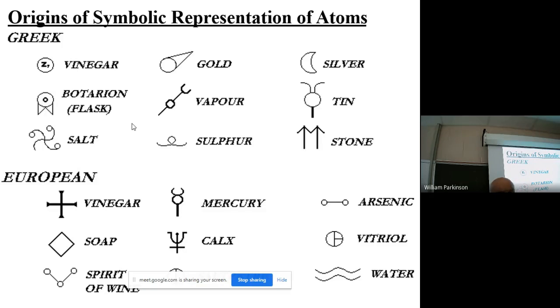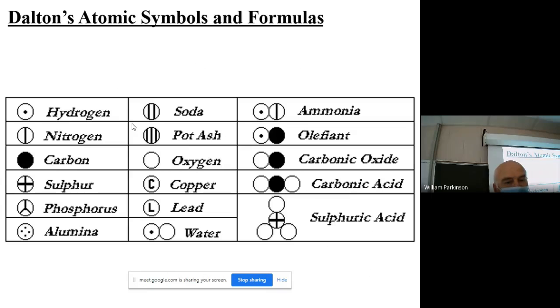So this is the beginning point of our trying to keep record of materials and how we use materials in chemical processes. And again, I would conclude by saying they are abstract and in many cases kind of scary or cryptic purposely so that you could keep the things you were doing secret.